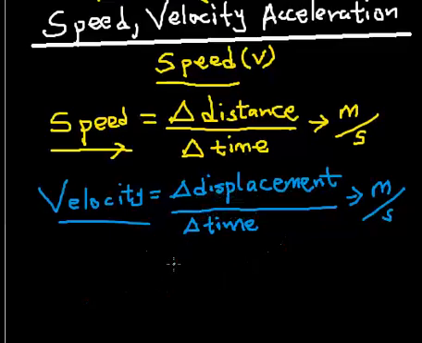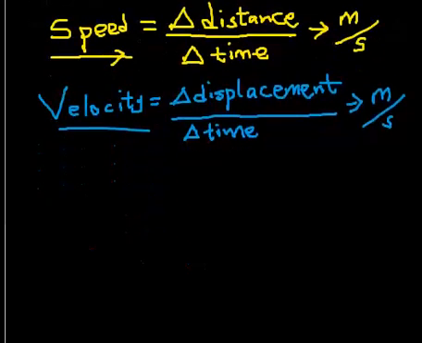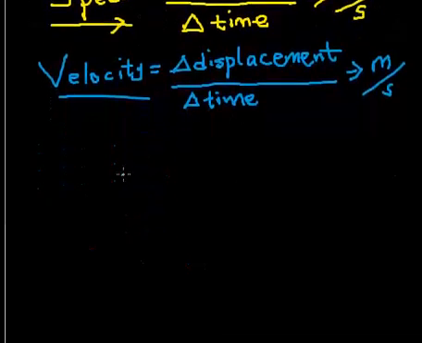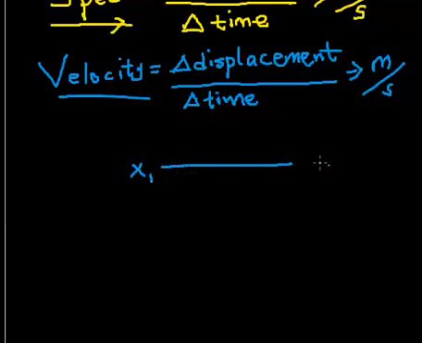Vector quantities are quantities that have magnitude and direction, while a scalar quantity has only magnitude. To illustrate this, let's say an object was originally at S1, it moves to S2, then returns back to S1 where it came from.